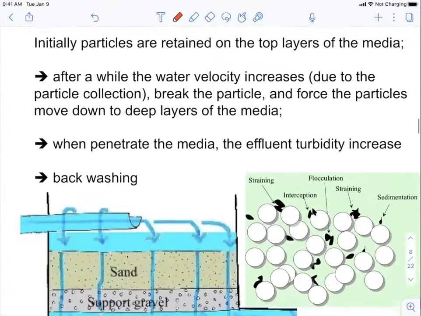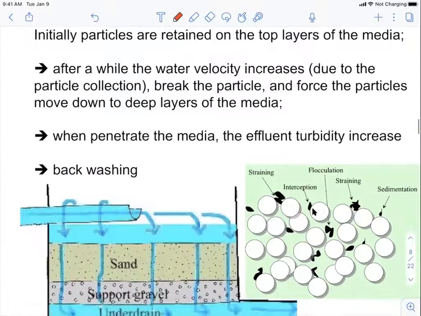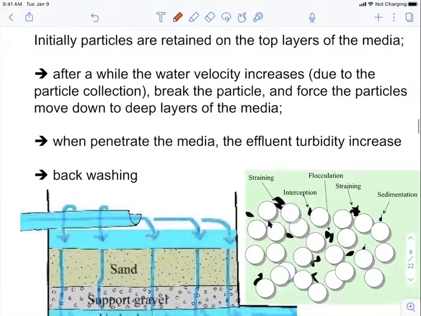During the filtration process, initially the particles are retained on the top layers. As you can imagine, the particles are getting collected on the top layers. But after some time, the top layers get filled by the particles, and the opening channels for the water to flow through are going to reduce, right?